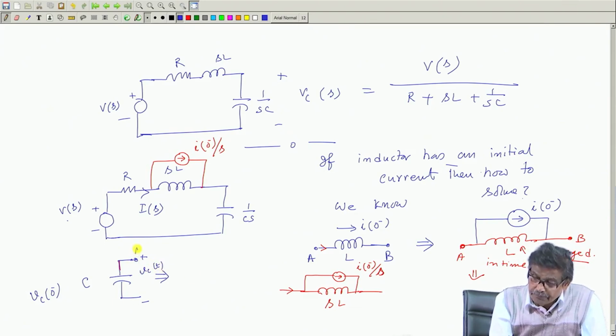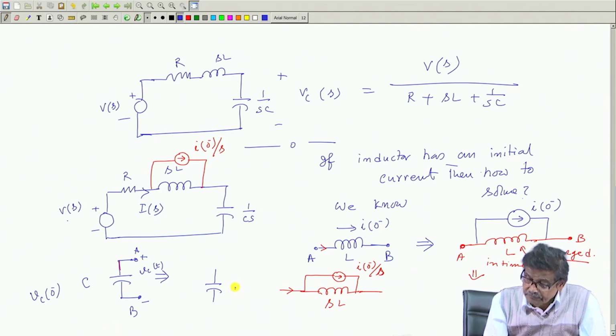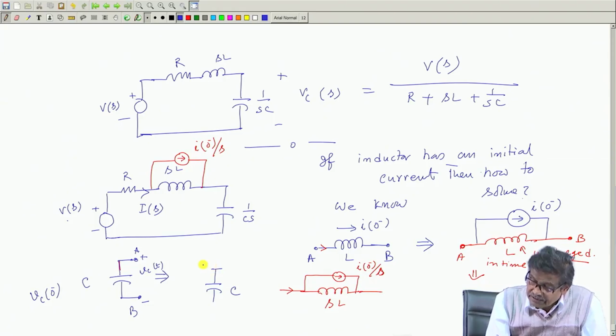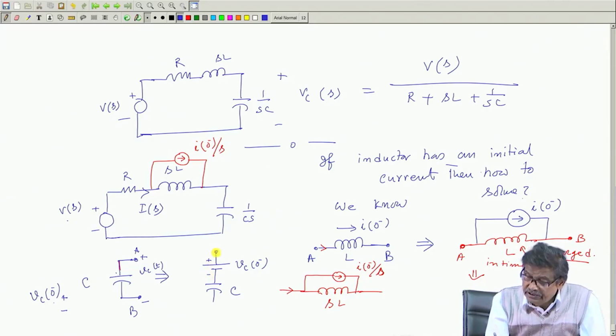Then between points A and B, I will say, look here, there is this capacitor which is uncharged, but in series with a battery, a fixed voltage, whose value is this Vc 0 minus. And what is the polarity of this voltage? Depending upon how Vc 0 minus was specified. Suppose it was specified upper plate plus, lower plate minus, I will write it like this.